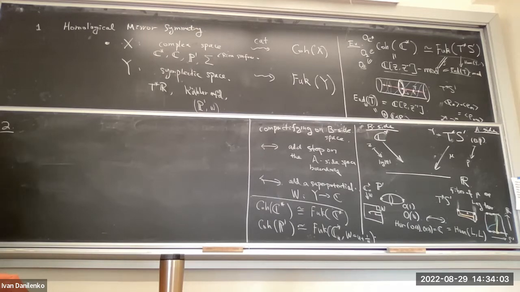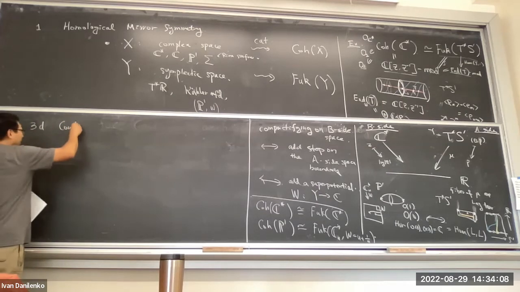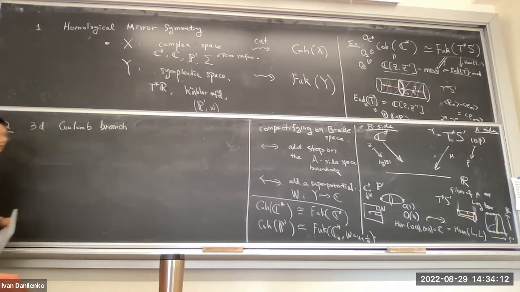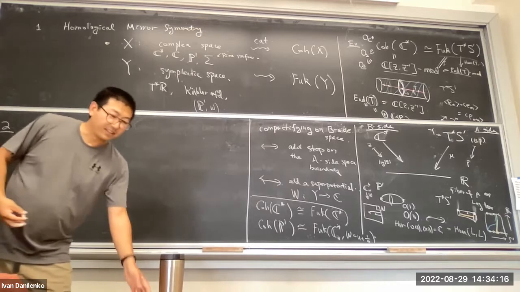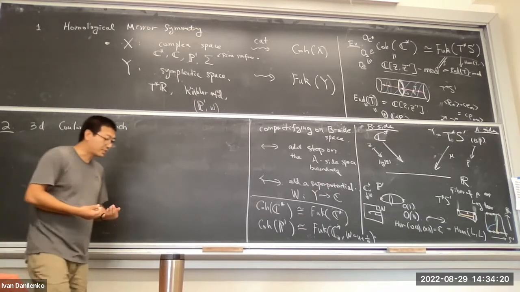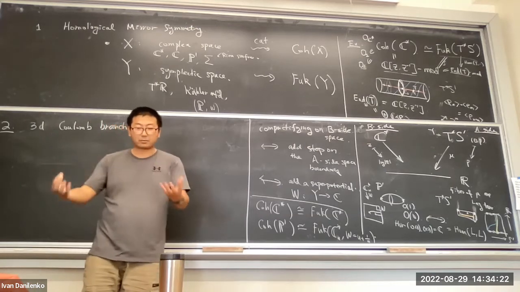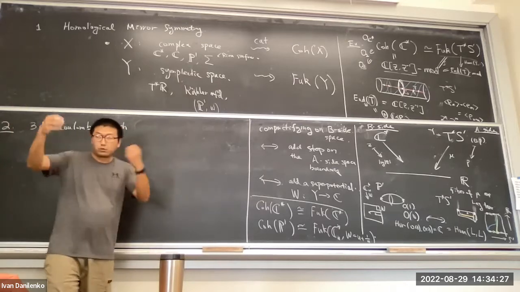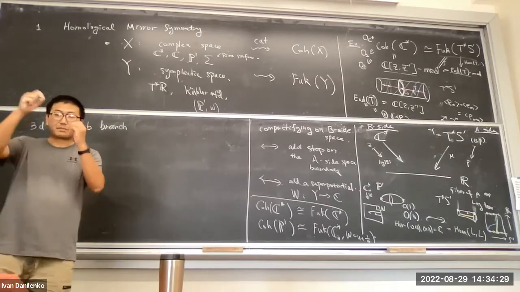The second thing I'll talk about is a 3D Coulomb branch. I'm going to say something in words, not writing down anything about the physics part. It comes from 3D N=4 theory, where we consider the moduli space of monopoles, smooth monopoles moving in the background, perhaps with some singular monopoles.